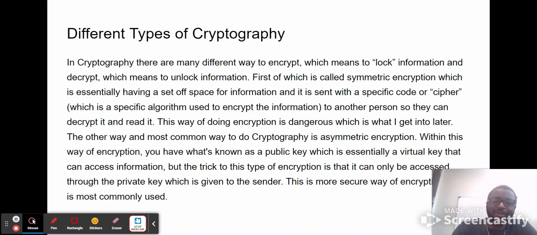So in symmetric cryptography, there's one key. It's a public key, and both recipients, let's say Bob and Alice, have this key. This key is used for encryption and for decryption. But there's a major issue with that.